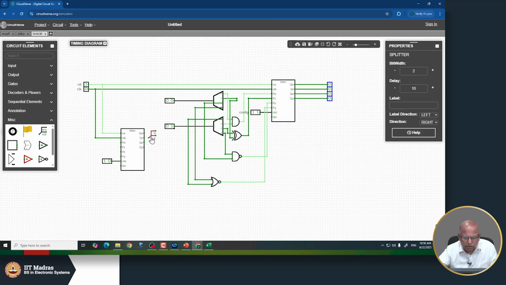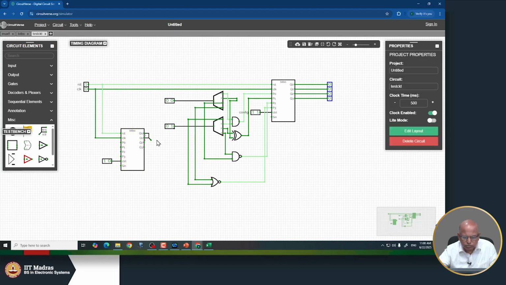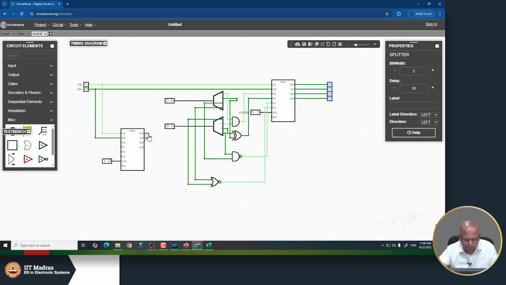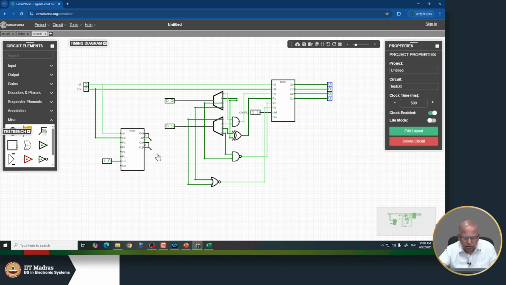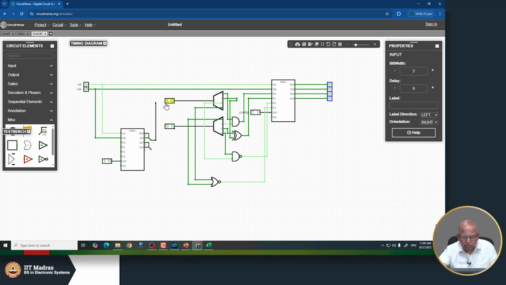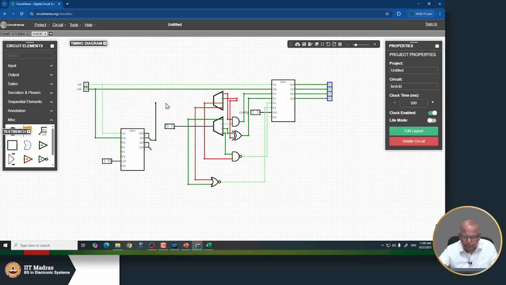So I will create a... so these two guys are shorted. So I have merged these two, and similarly I can have one more. These two will go here. We'll remove this.